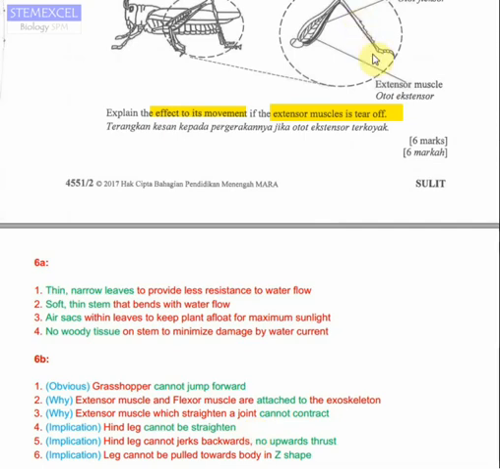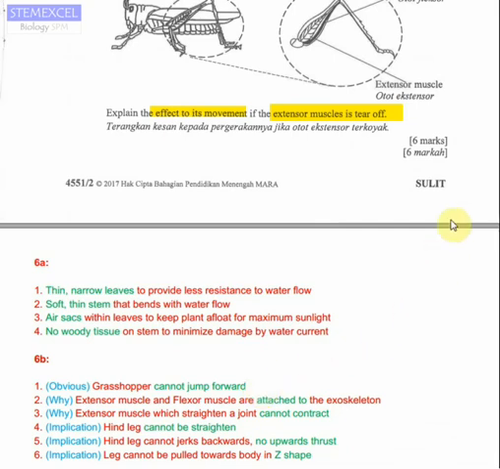Second, the hind leg cannot jerk backwards anymore, and because of that there will be no upward thrust. And finally, this leg can no longer be pulled into the Z shape, like this one here. Because of this, the grasshopper is unable to jump forward.